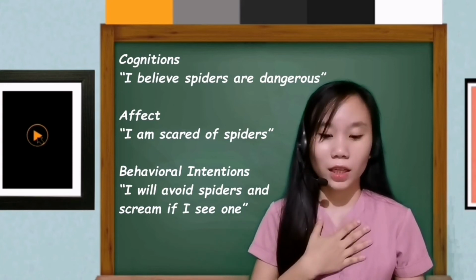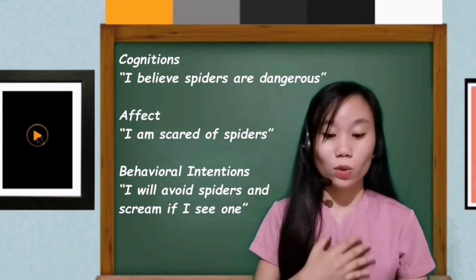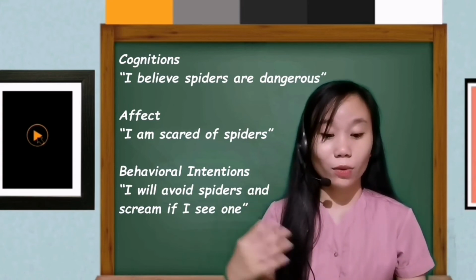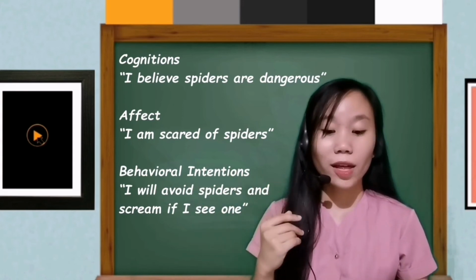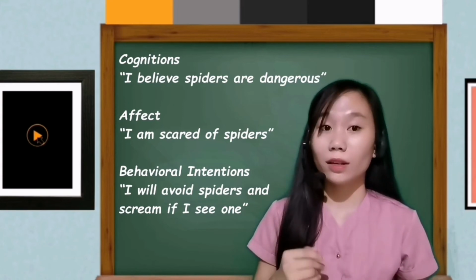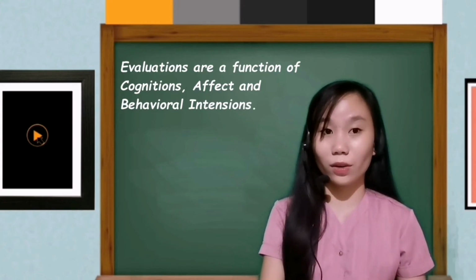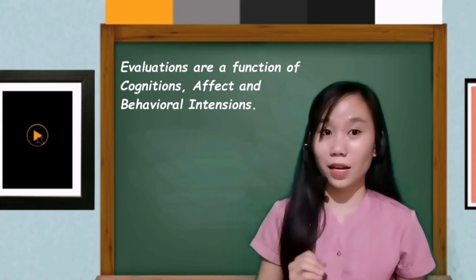So the affect, or the feeling he gets from that, is that he is scared. So I am scared of spiders. And the action, from the influence of that, he acts: I will avoid spiders and scream if I see one. So in evaluation, this is the part where we evaluate these three, which are the cognitions, affects, and behavioral intention.